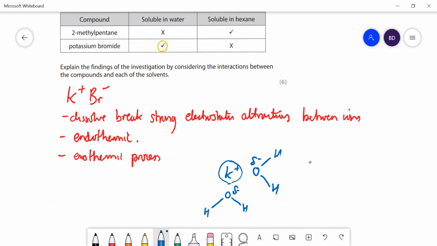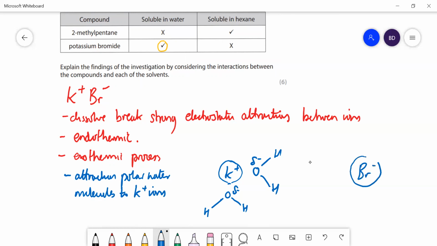So the exothermic process is the attraction of the water molecules to the K+ ions in that way, and the Br- ions go the other way around. It's the hydrogen, which has a partial positive charge, that is attracted to the bromide ions.